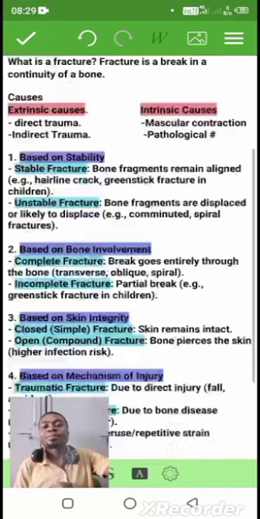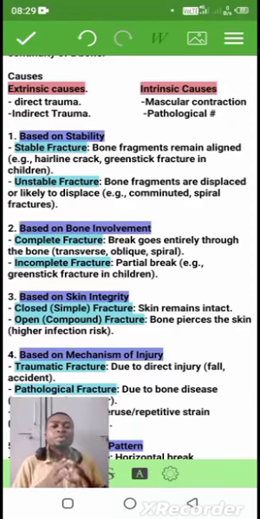Number two, based on bone involvement, there is a complete fracture and there is also an incomplete fracture. When I say complete fracture, it means the break goes entirely through the bone, for example transverse fracture, oblique fracture, and also spiral fracture.